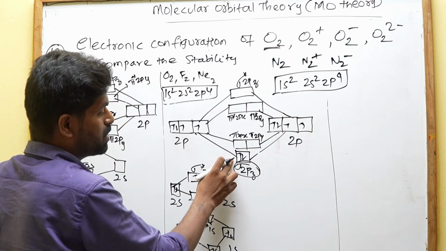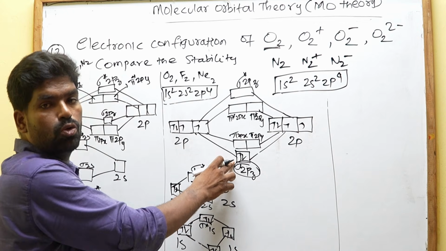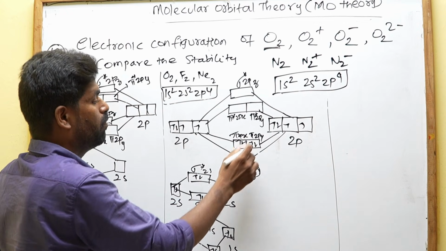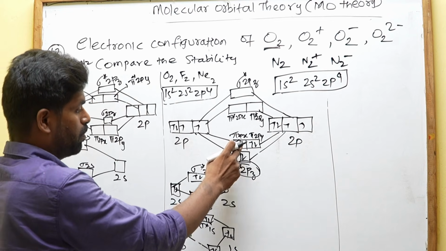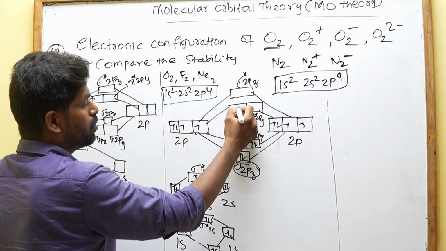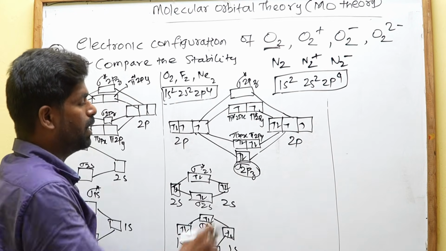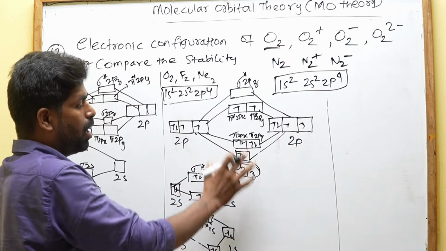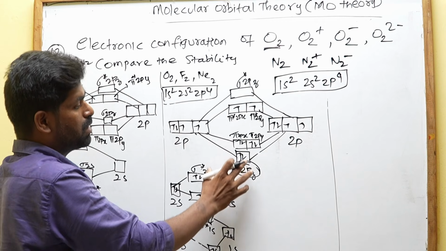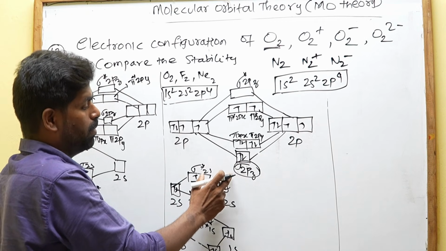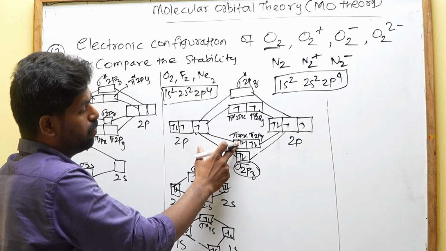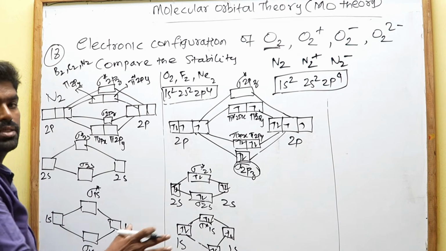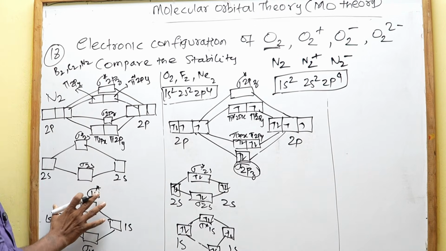So first 2 electrons fill sigma 2pz. The next 2 electrons fill pi 2px and pi 2py. We have another 2 electrons left, so they occupy pi star 2px and pi star 2py. All 8 electrons are filled in the molecular orbitals: 2, 4, 6 and 8. That's it. So filling of orbitals is very similar to the case of dinitrogen.